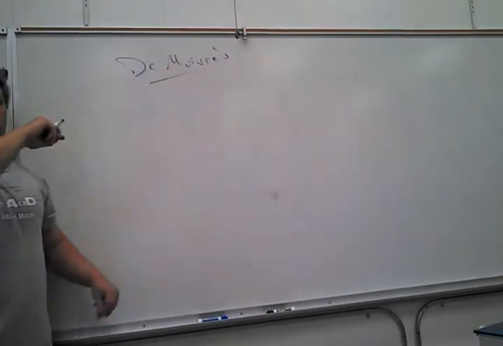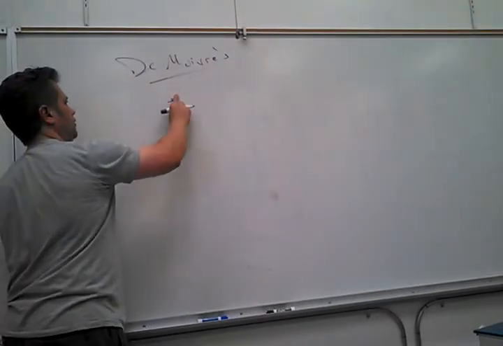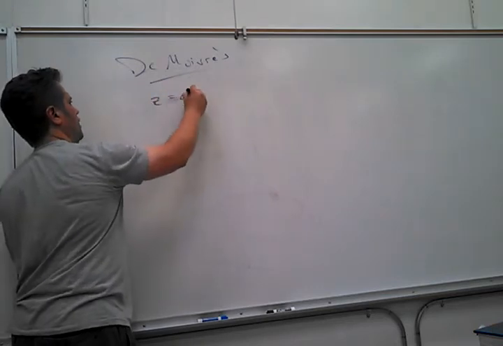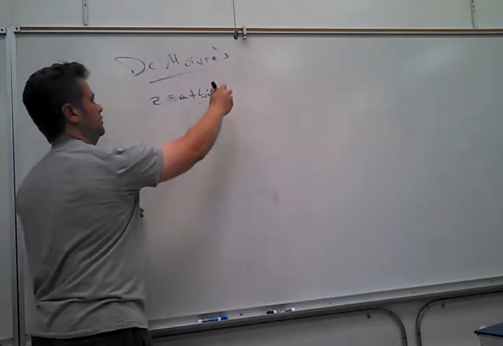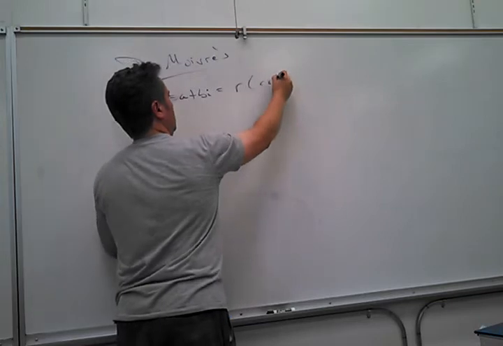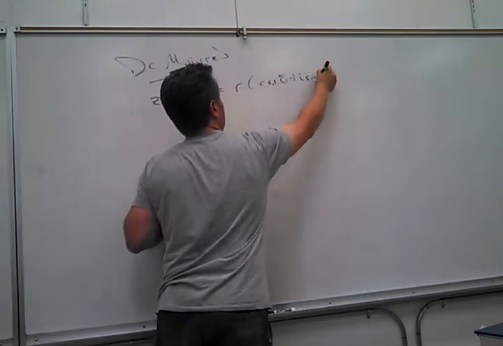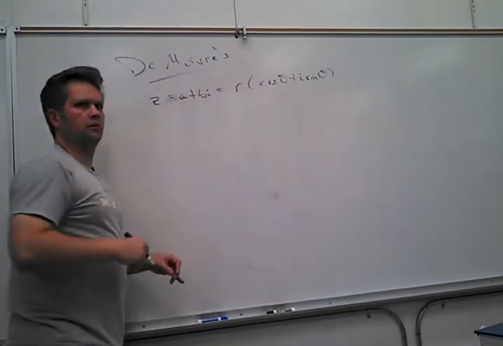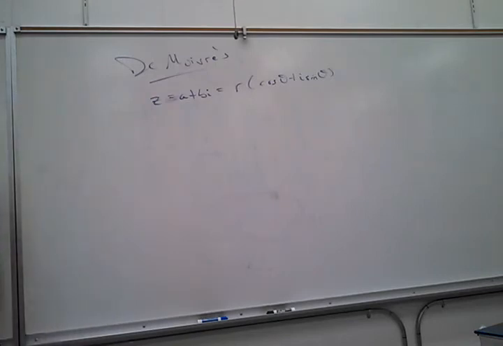De Moivre is pounds and pounds. First off, if you have a complex number, you can write it like this. Remember that? Section 8.2, 8.3, somewhere in there.